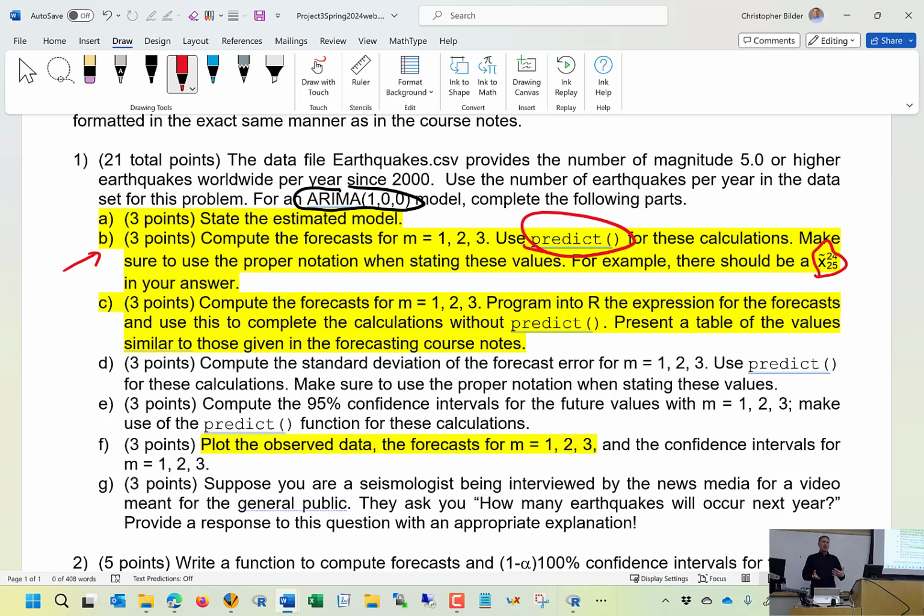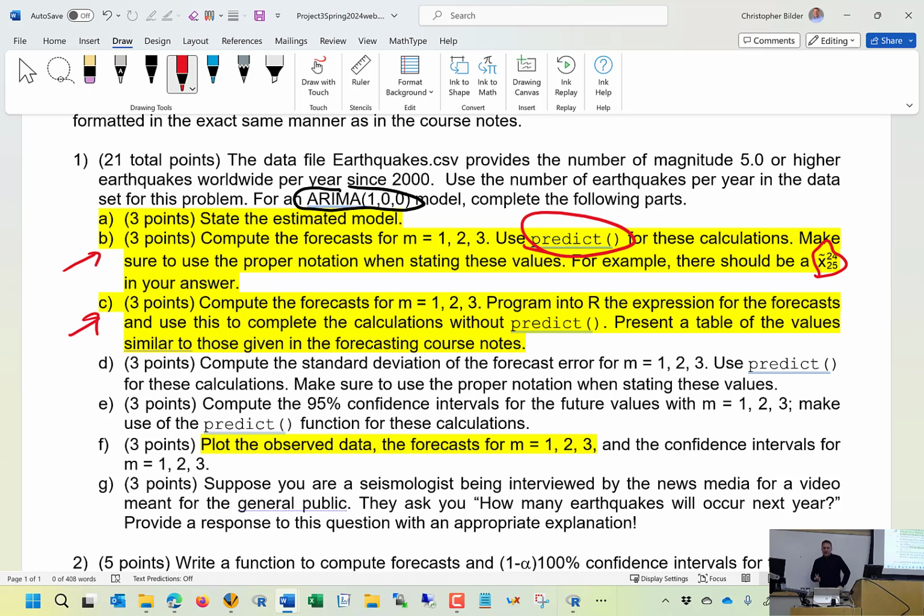So this x tilde sub 25 with the superscript 24 means that m equal 1 value, the first time point into the future. So don't just give me the results from predict, actually state using the correct notation x tilde sub 25 super 24 is equal to whatever it is.